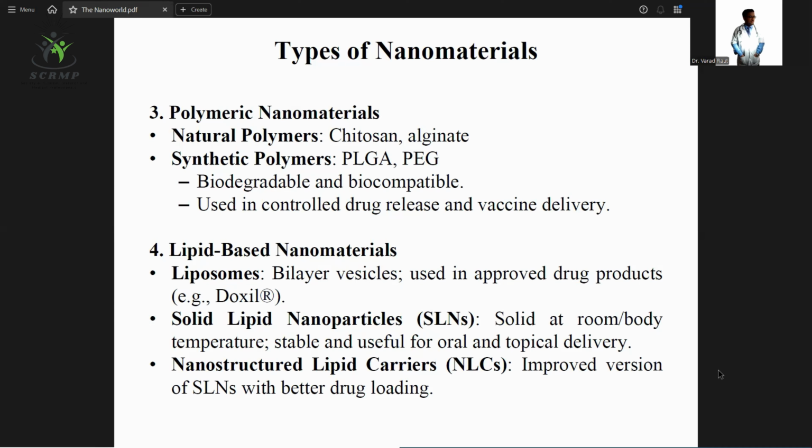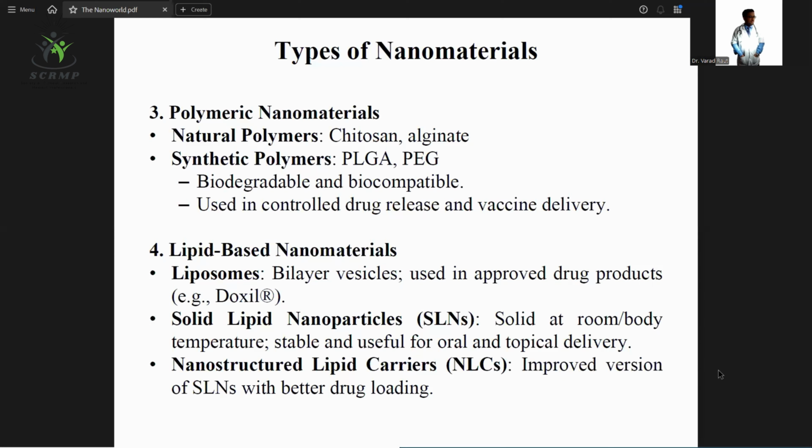So here Doxil is an example of liposome, and synthetic polymers like PEG are used to form Doxil. Okay, so PEGylated liposomal doxorubicin is one great example of a liposome, the first FDA approved nanomedicine. Then second is solid lipid nanoparticles.